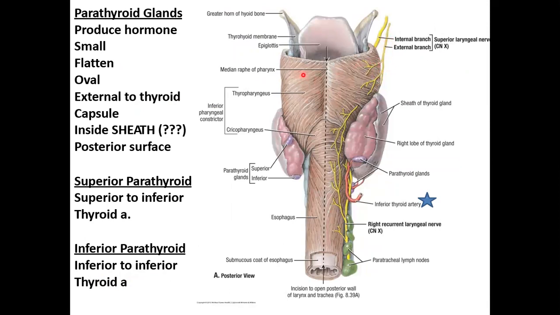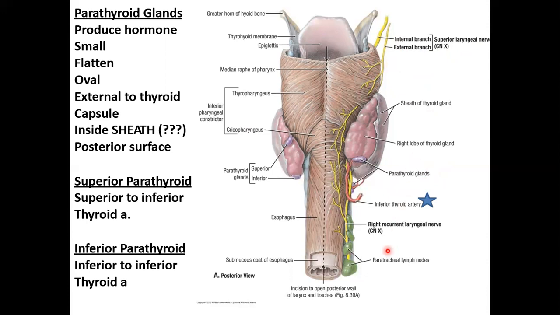Now recall that these are your constrictor muscles. The constrictor muscles form your pharynx, they form your throat. And the external branch of superior laryngeal nerve, which is a branch off of cranial nerve 10, is the branch that's innervating those muscles.